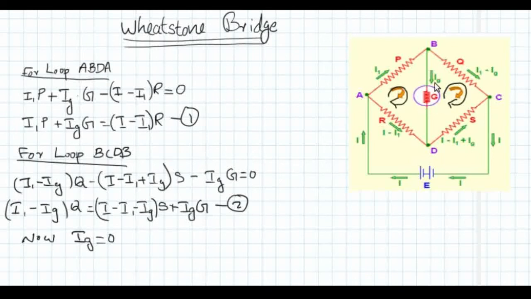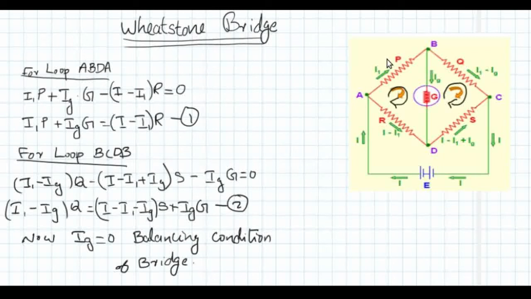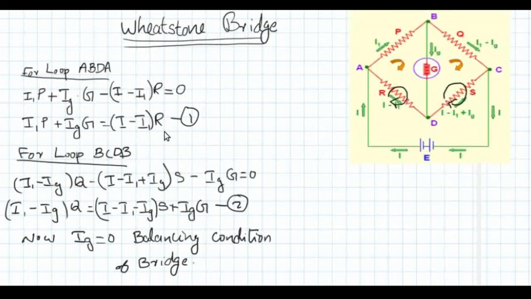So when Ig is made 0 by adjusting P, Q, R and S, there will be some changes in equations 1 and 2. What change will happen to equation 1?